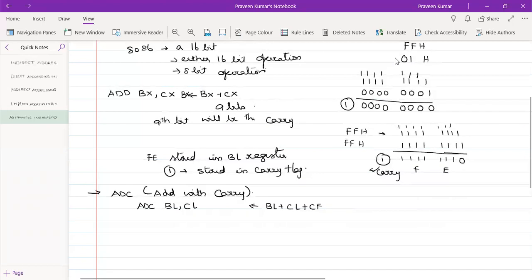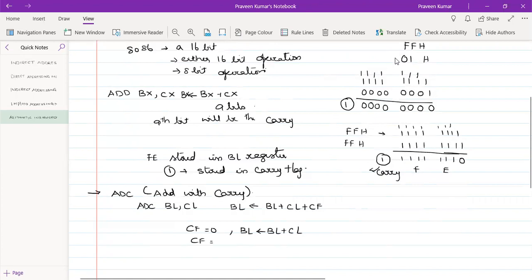That is, this will be stored in BL again. The carry flag is a bit, it can be either 0 or 1. So if the carry flag is 0, that is, if CF is equal to 0, then BL will be BL plus CL.